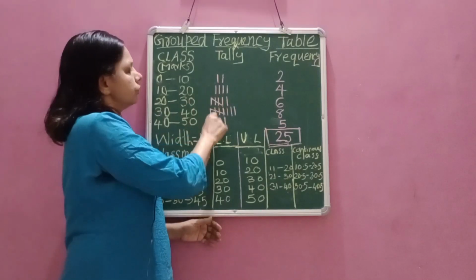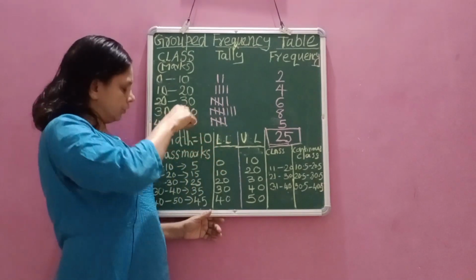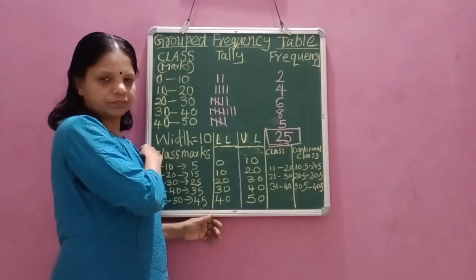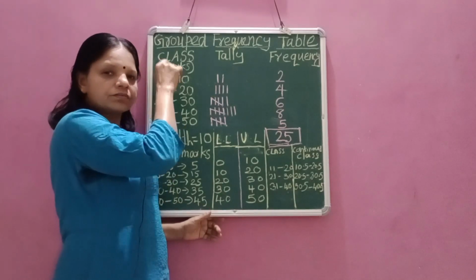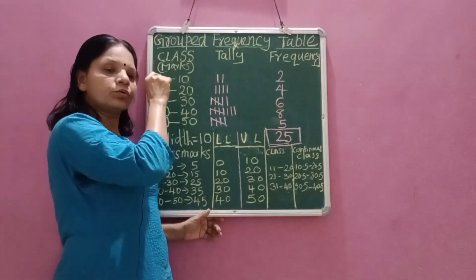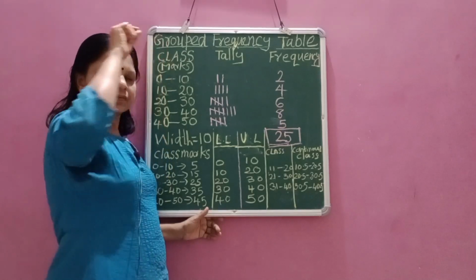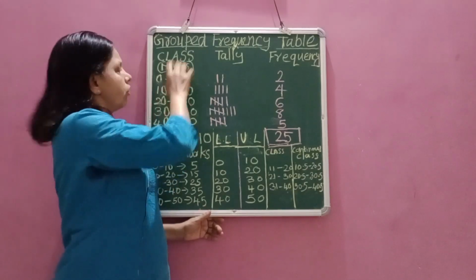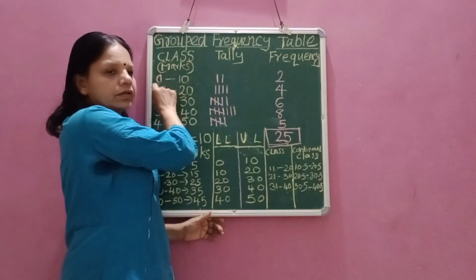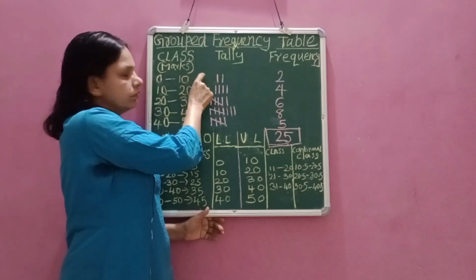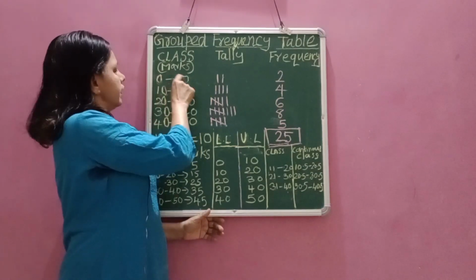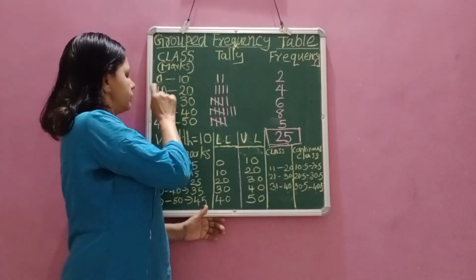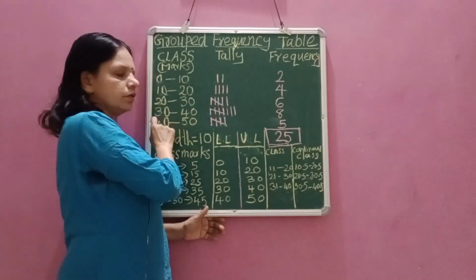Understood that? So, one more term you have to learn in this. What is meant by width of the class? In the ungrouped frequency distribution or the raw data you have learned range. Similar to that, here we have width of a class. You can see that all classes have an equal difference between the upper limit and lower limit. 10 minus 0, 20 minus 10, 30 minus 20, 40 minus 30, 50 minus 40.